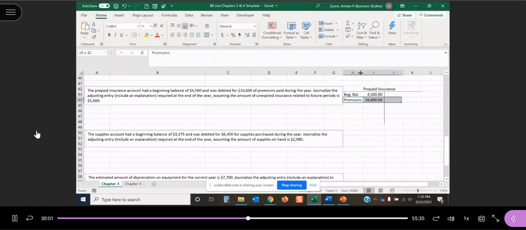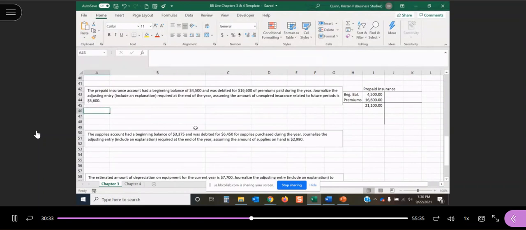So as of right now, what's sitting in our asset account in our ledger for prepaid insurance is a total of $21,100 in insurance coverage. But we know that that is not accurate because it says the amount of unexpired insurance related to future periods is $5,600, which means that I only have $5,600 of that asset remaining.